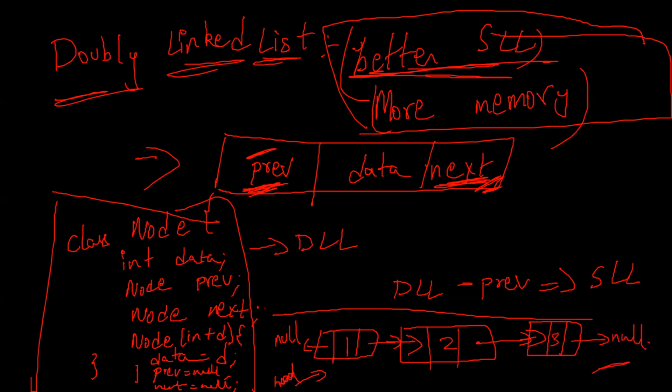Is this clear? This is the representation. But the simple representation of a singly linked list is 1 directly pointing to 2, directly pointing to 3. Only next is there, but here previous as well as next is there. Don't visualize it as storing; it's simply pointing. That's what you can think.